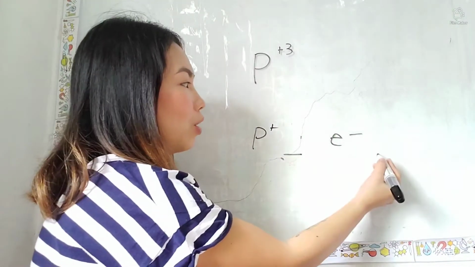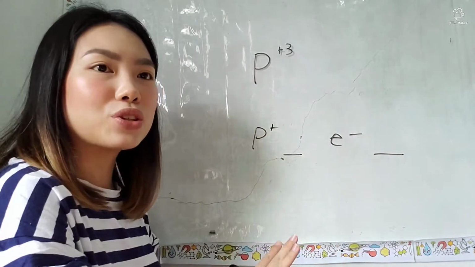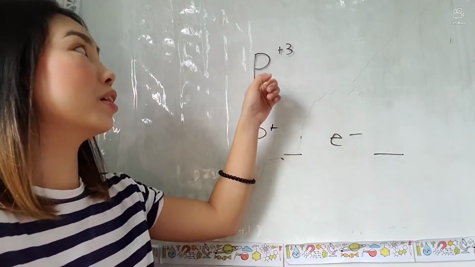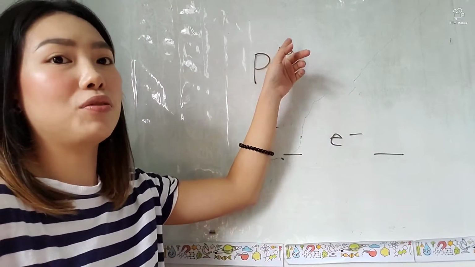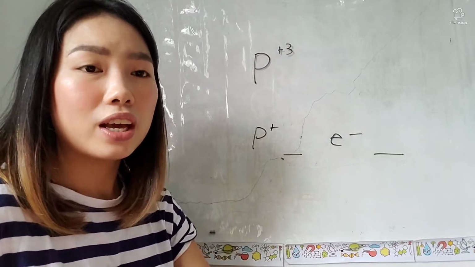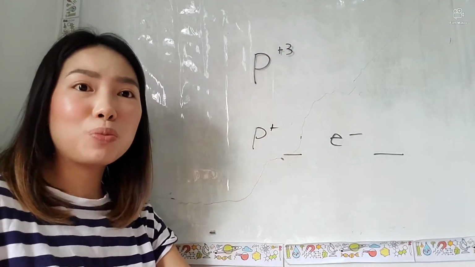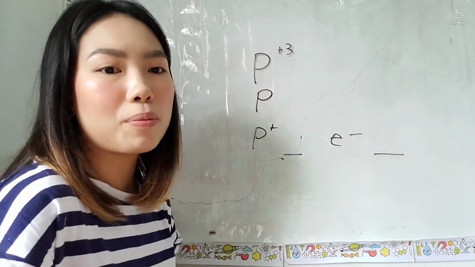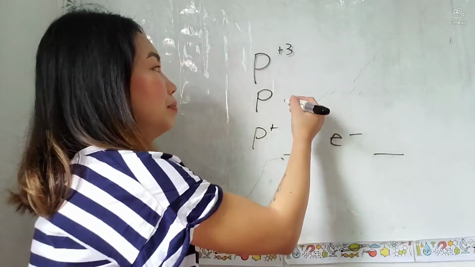So, you are to give me the answer of the number of proton and the number of electron with the element P, positive 3, or phosphorus with positive 3 ion. Ngayon, syempre, ang una mong alamin, ano ba ang atomic number ng phosphorus? So, phosphorus has atomic number of 15.